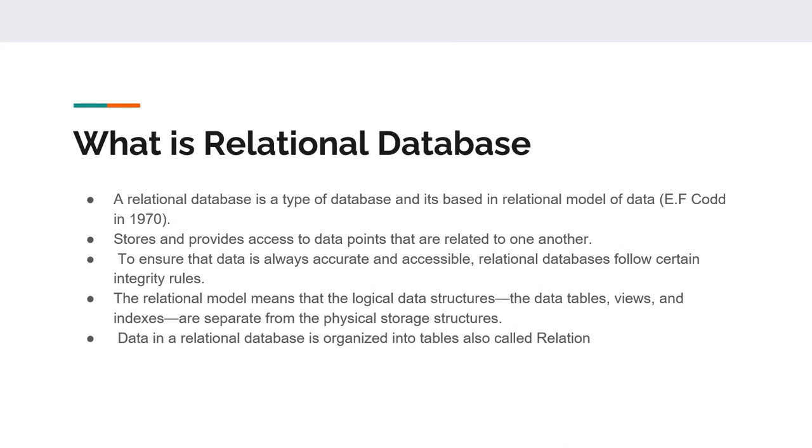They are stored separately from the physical storage structure where the data resides. Data in a relational database is organized into tables called relations. So the tables are called relations, and the values there are the entities. Each table can be related to another table, so through there you can map one table to another.